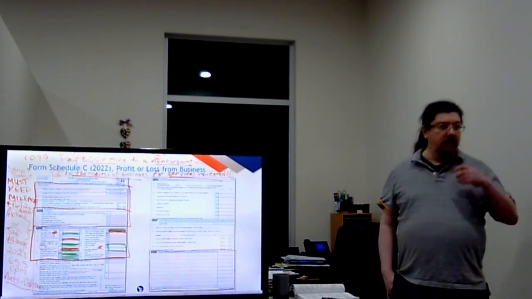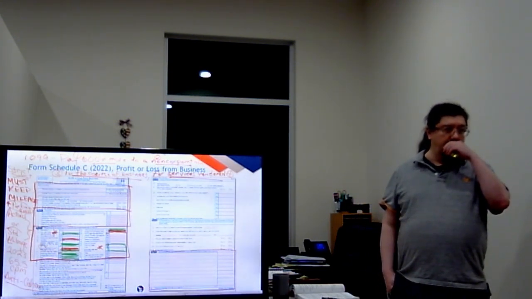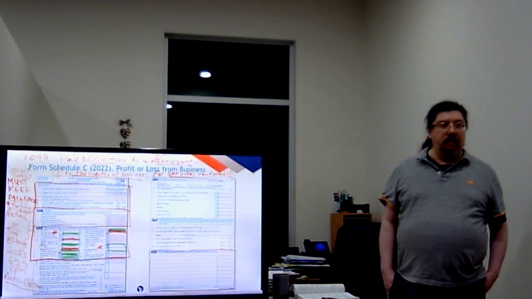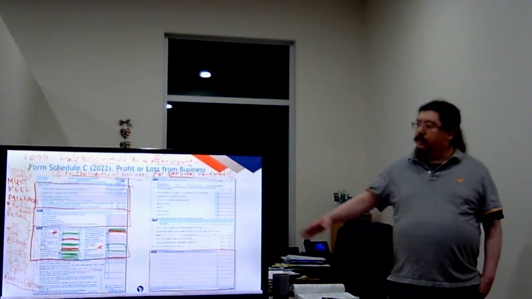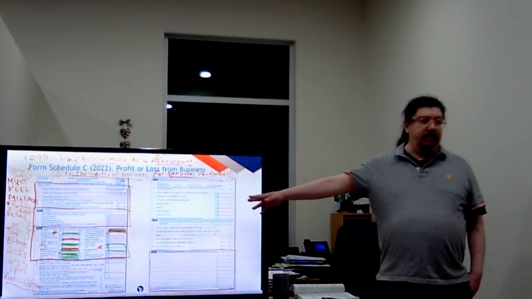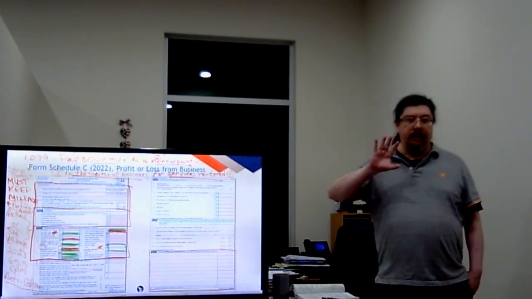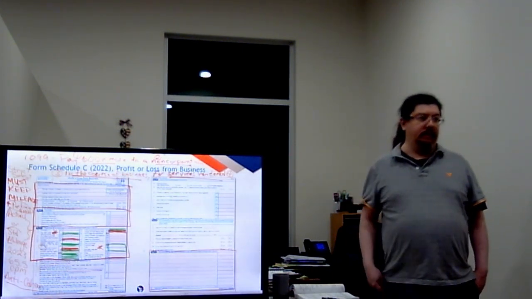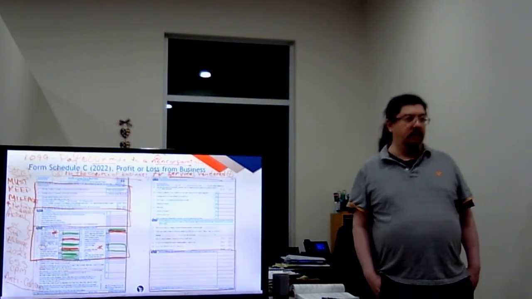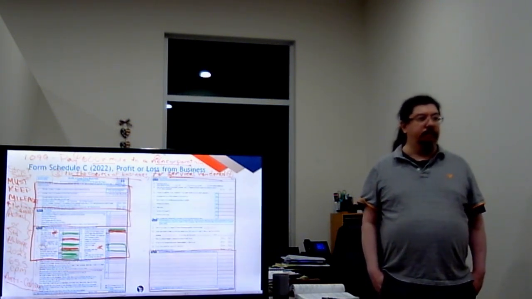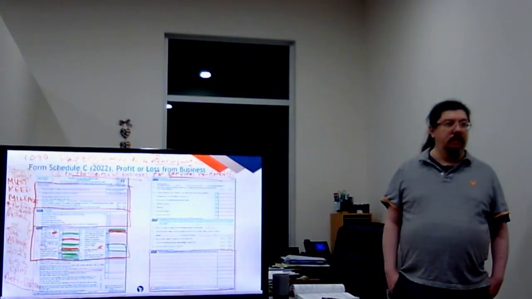But the traveling nurse example, if they're self-employed, they would get to deduct it. If they're an employee, no deduction. Employees do not get business deductions. So if a traveling nurse gets paid via 1099, they're fine. If they're a traveling nurse that gets paid via W-2, then they can't.